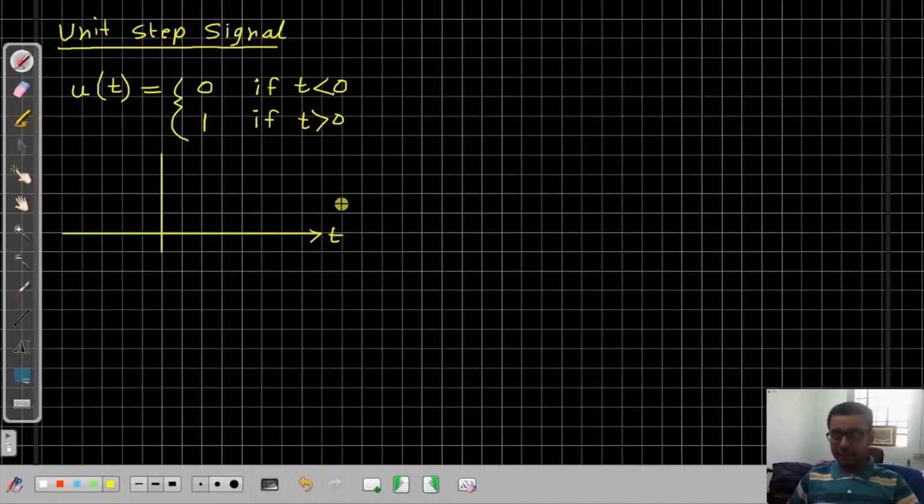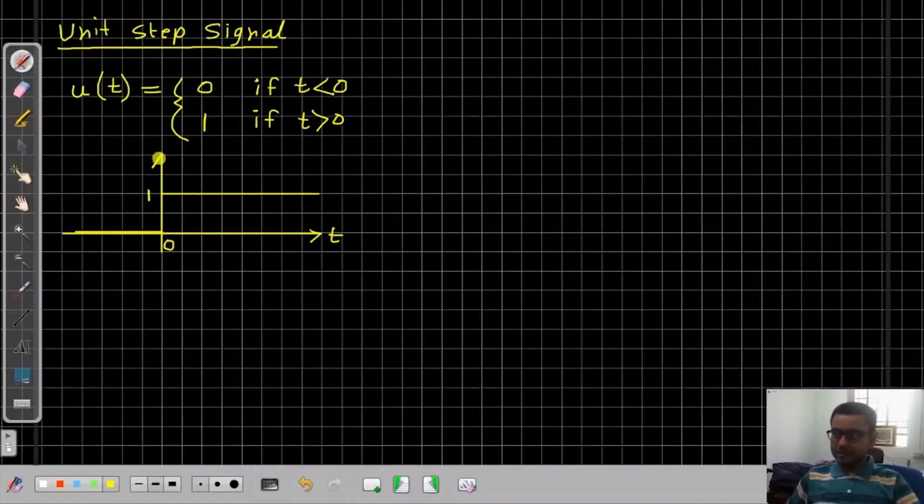Now let me draw this signal. If this is the time axis, this is t equal to 0. If this point has a height of 1, then the value of u of t is equal to 1 after time 0, and its value is equal to 0 before time 0.